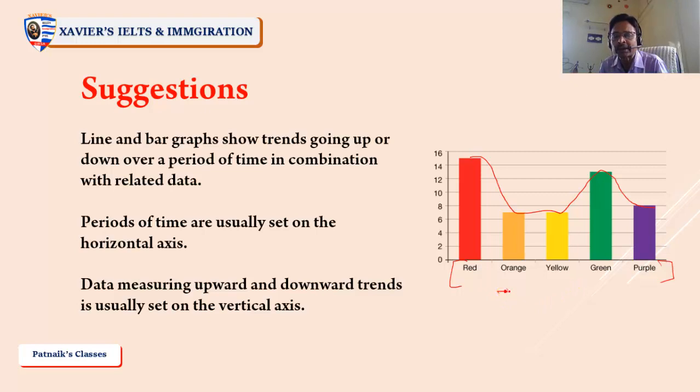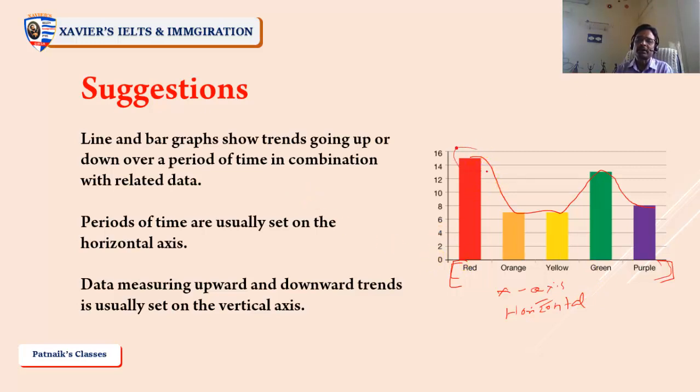This is called the x-axis, right? We will not write x-axis in our write-up, but we will mention these sectors or categories, right? This is the category. We can call it the category side. This is called the horizontal axis, x-axis, or commonly we call it the horizontal axis, right? And the figures always show the trend.